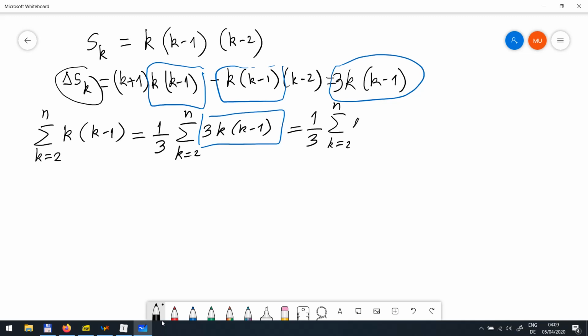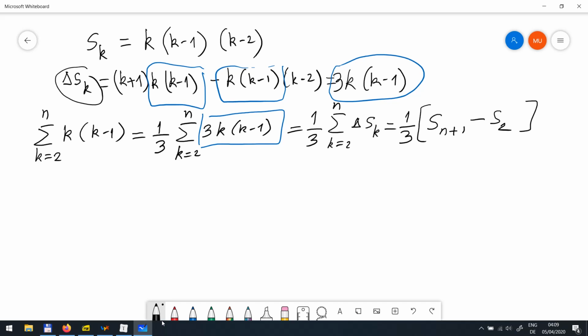So I am preparing the problem to my strength. I know it will work. So 1 times 3 and 1 divided by 3, and here I will have s n plus 1, if you remember the formula, and this will be s2 because this started with 2. So if this is 2, this has to be 2.